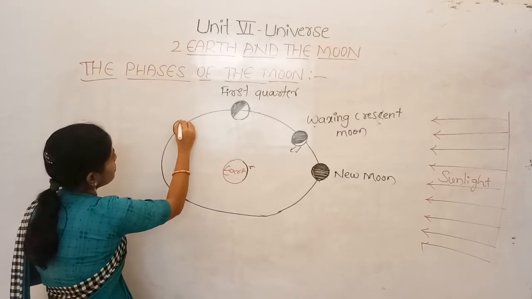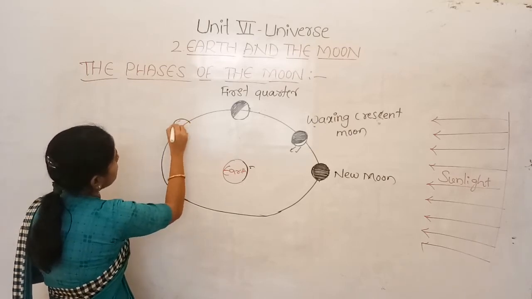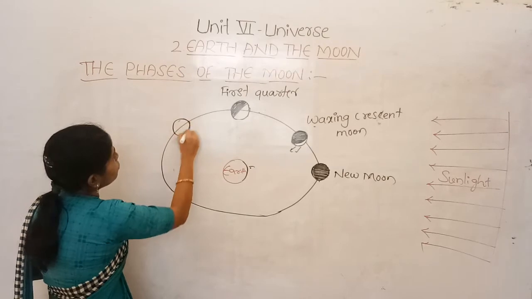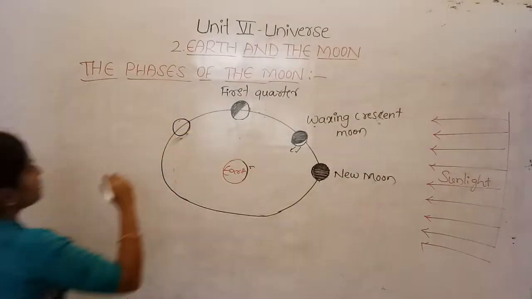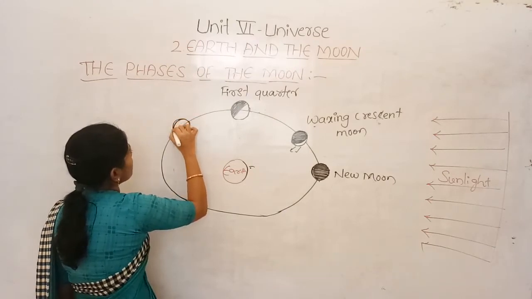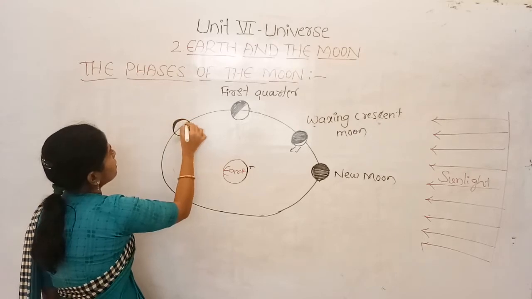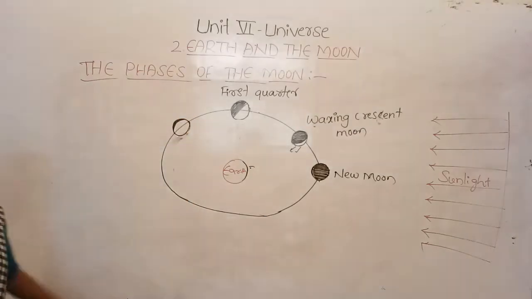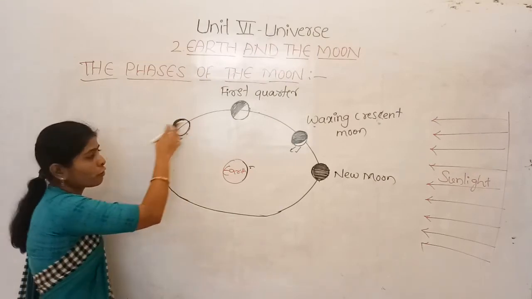And then after this first quarter, next when the moon comes to this position, we can see most of it. Only a little portion we are not able to see, but this is not the full moon.